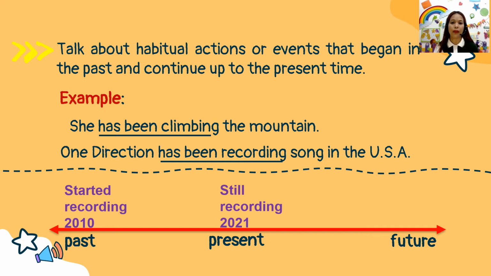You are talking about certain habits, but you started doing it in the past and you decided to do it up to the present. Like the first example, she has been climbing the mountain. So maybe she started it in the past, then she decided to do it up to the present time and it became her habit, which is climbing the mountain. All right.